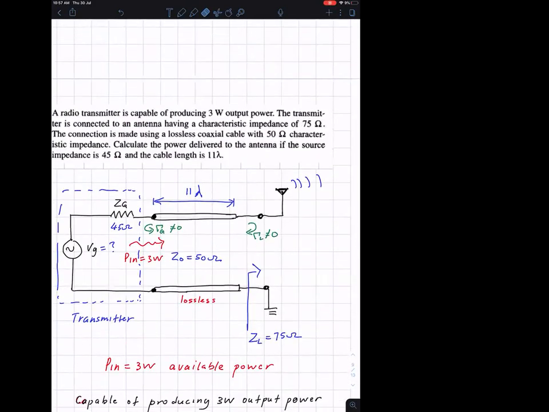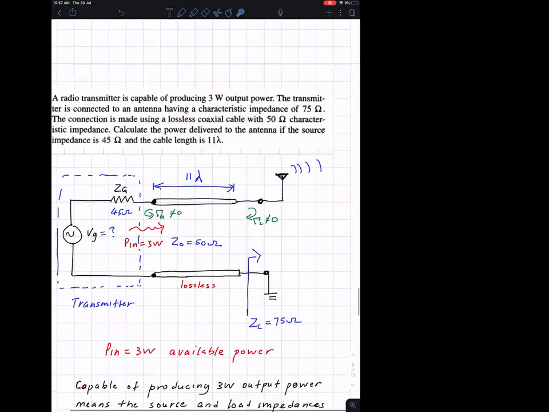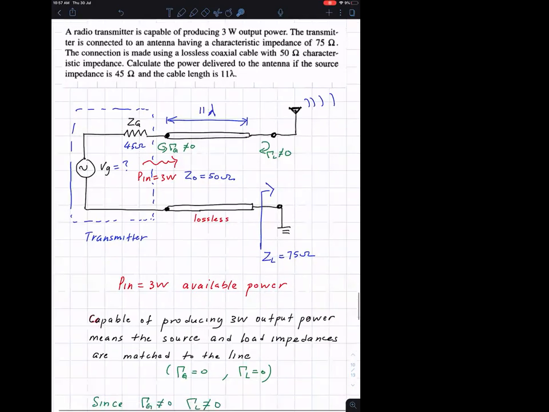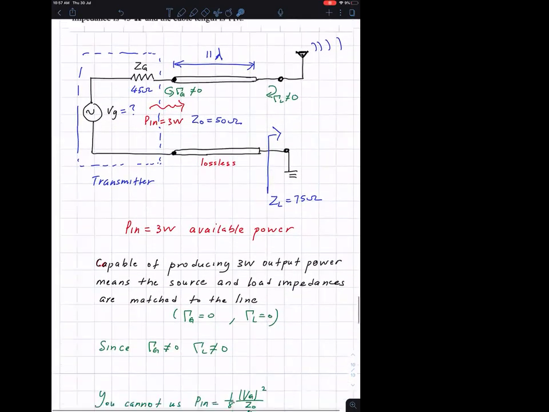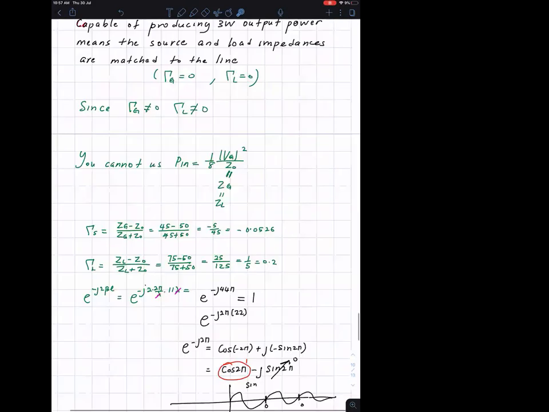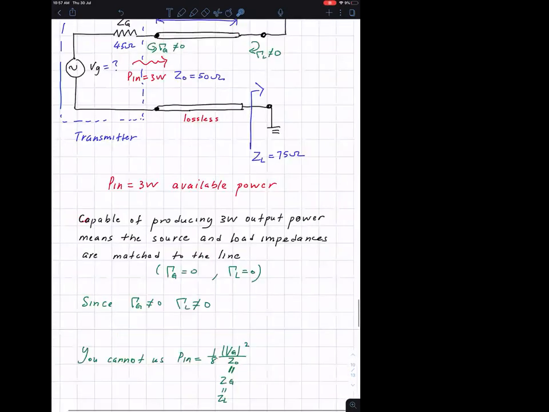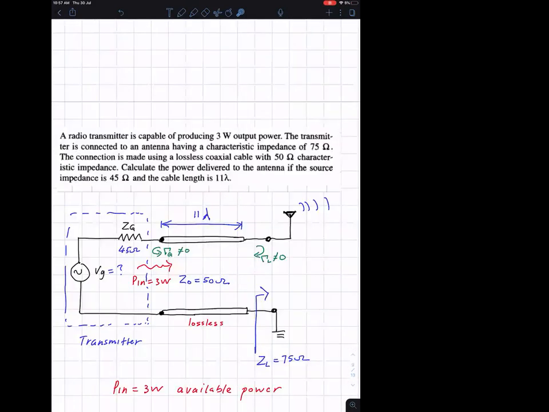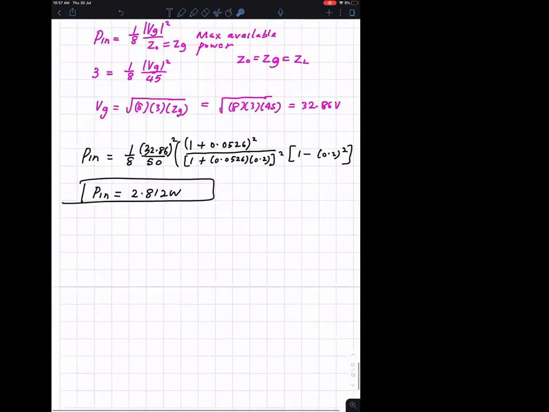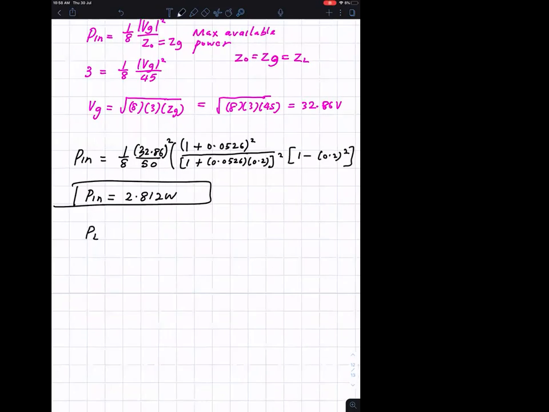And we were also told that the coaxial is lossless, but the power that reached the load, because of the lossless line, PL is P in, 2.812 watts.